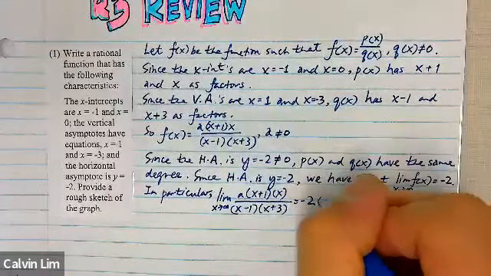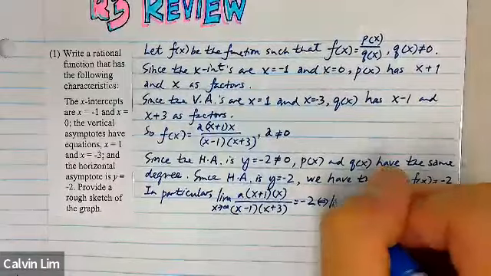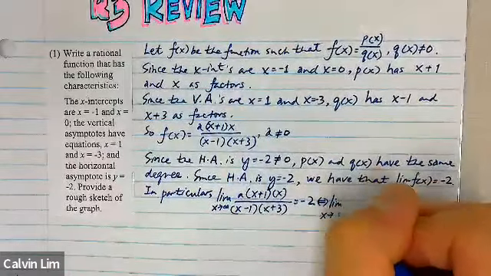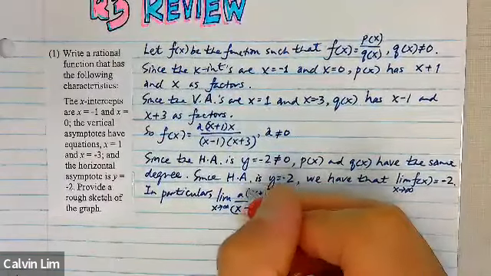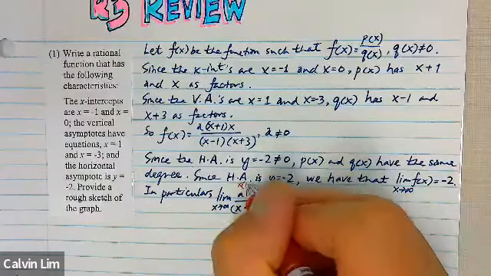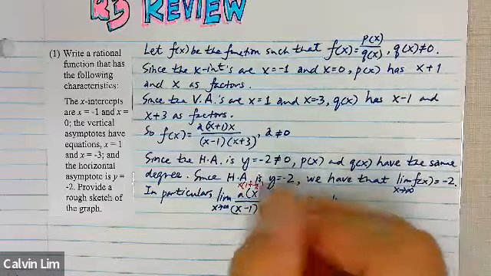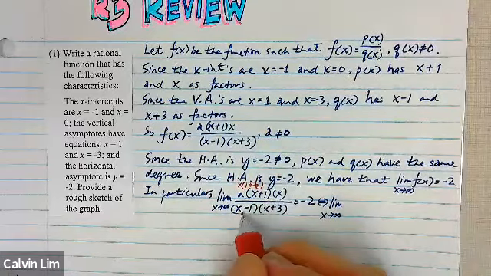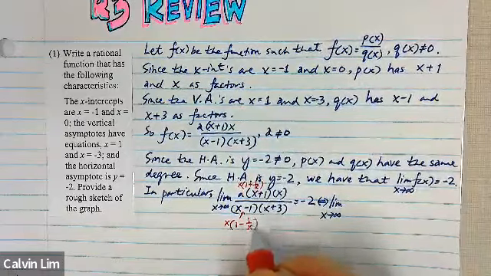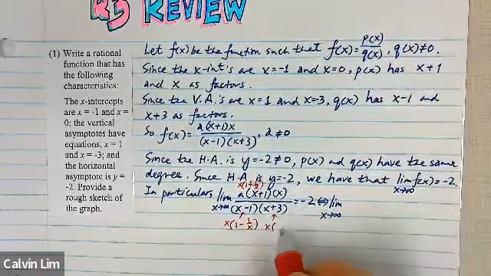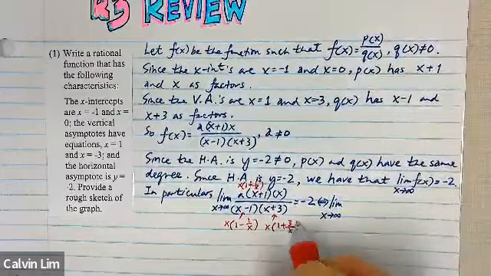So the left-hand side becomes, common factoring out x gives us x times 1 plus 1 over x, right? And then this one, same thing, x times 1 minus 1 over x. This is x times 1 plus 3 over x.